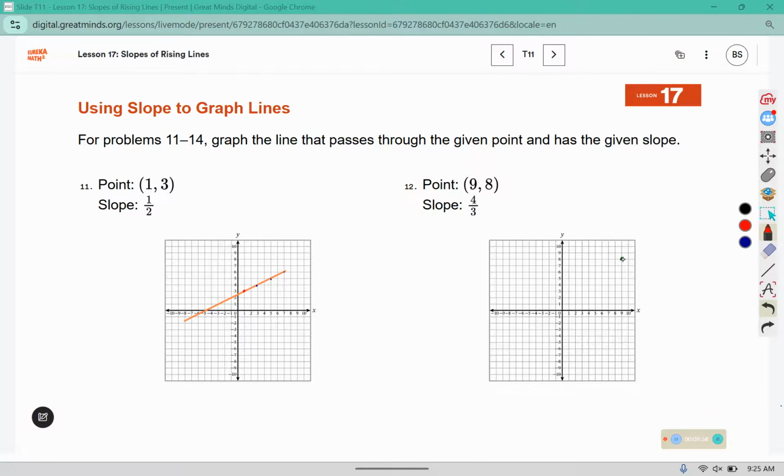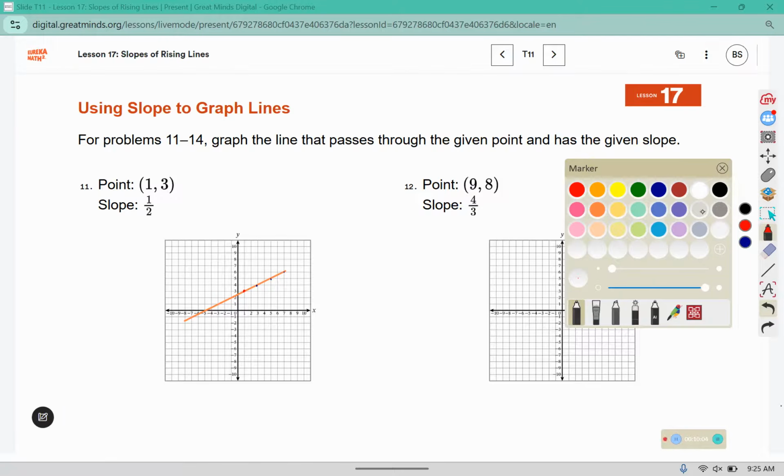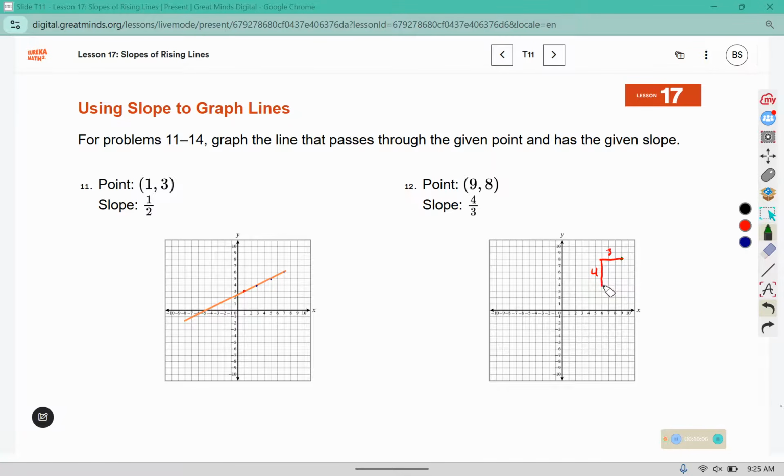So we're going to go 3 and 4, so that we create the slope triangle. That is correct for 4/3. Then we'll connect those.